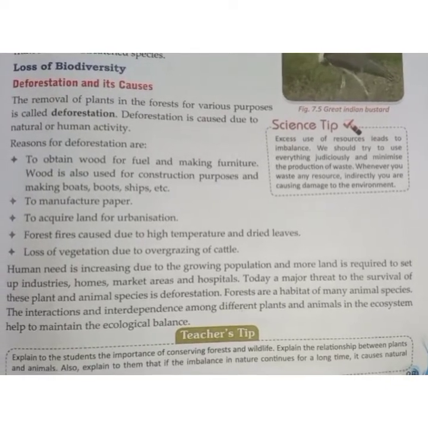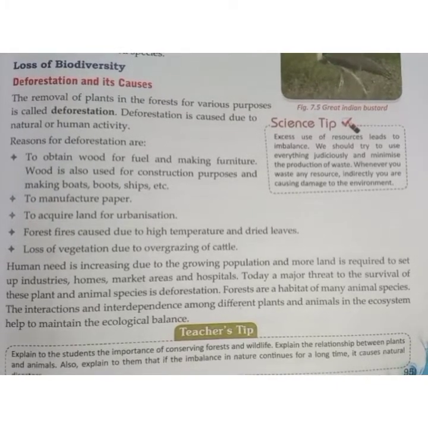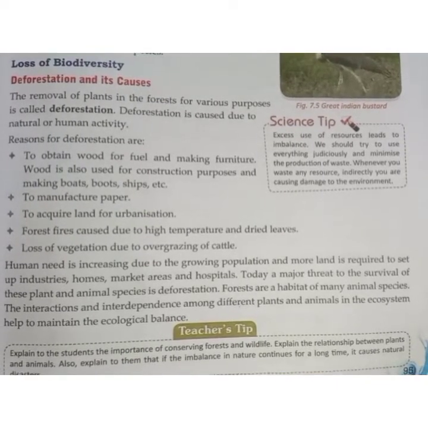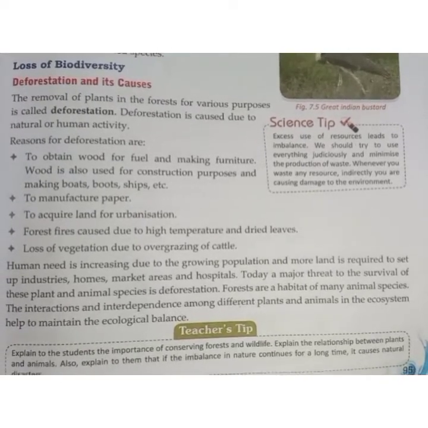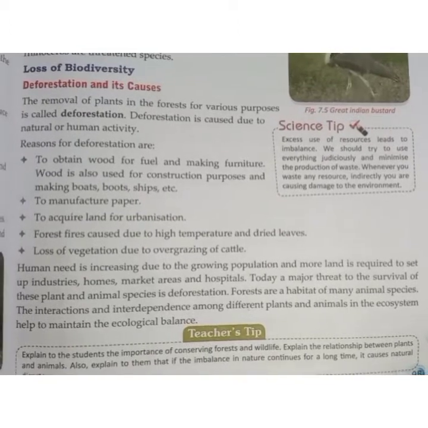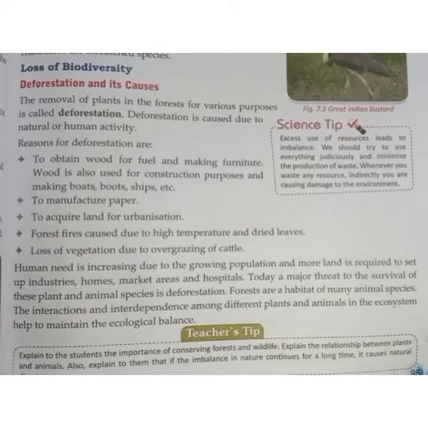Forests are a habitat of many animal species. The interactions and interdependence among different plants and animals in the ecosystem help to maintain the ecological balance. We all know that the overgrowing population is the major cause of deforestation.